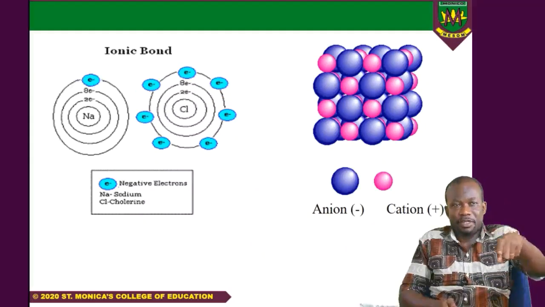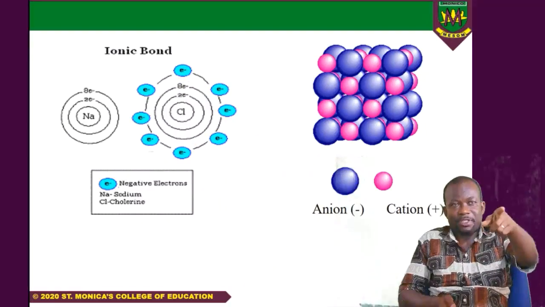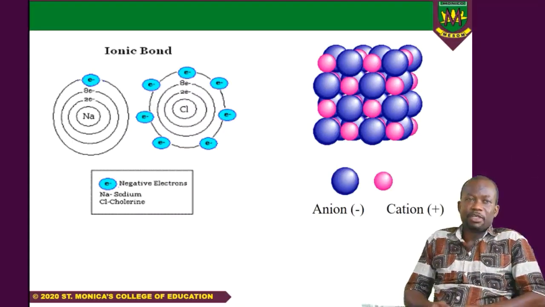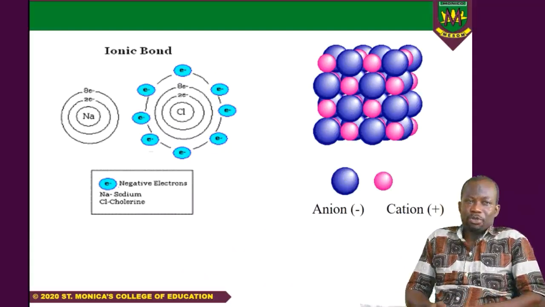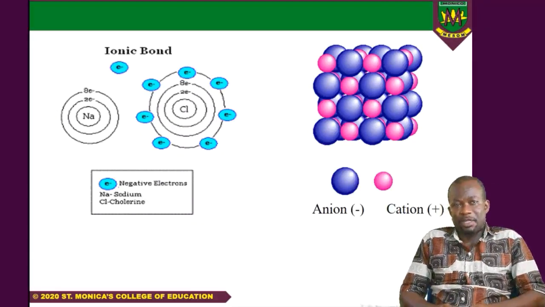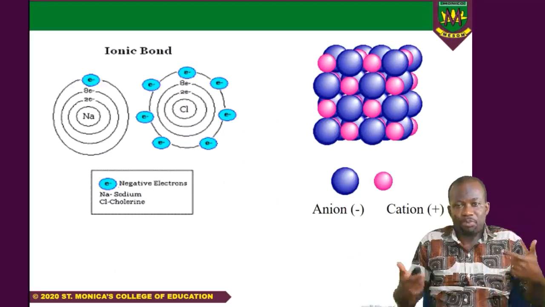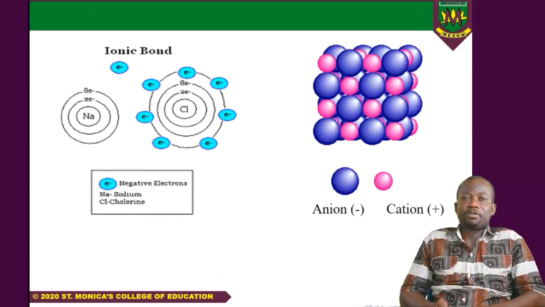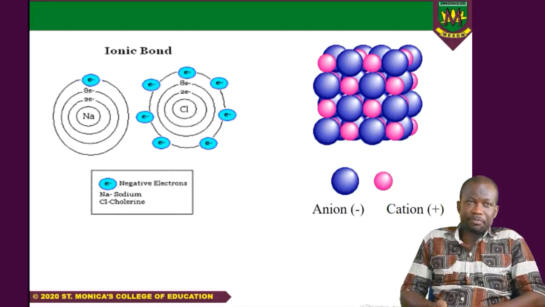Sodium has a last electron, and then it gives that electron to the chlorine. And once it gives that electron to the chlorine, the chlorine becomes 8. Sodium will also be left with 8 electrons on its last shell. And when it happens like that, all of them become stable, and then the natural attraction occurs between them, and they form the compound sodium chloride.